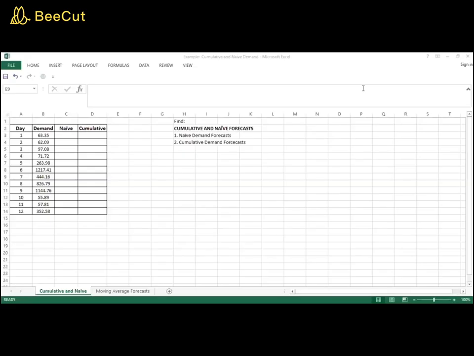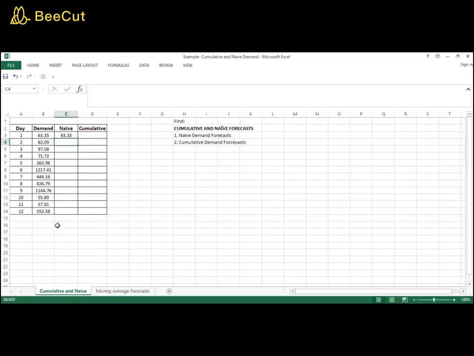Okay, so let's start trying to understand how to do naive forecasting and cumulative forecasting, and the best way to do that is with an example. In naive forecasting, whatever the actual demand was in the last period is the forecast for the next period. For example, if the demand was 63.35 in period 1, or day 1, then the forecast for day 2 will be 63.35.